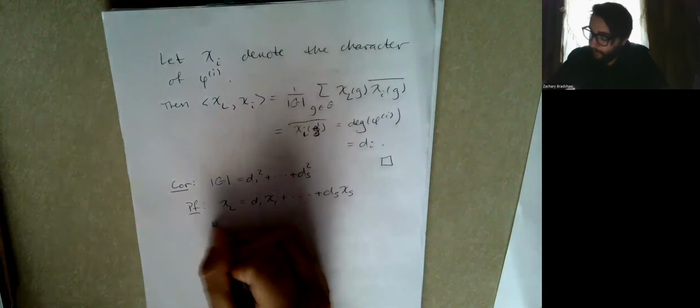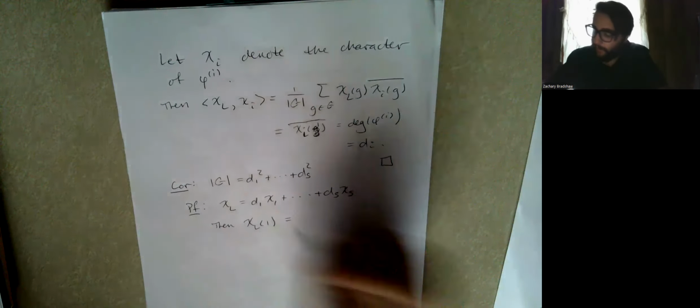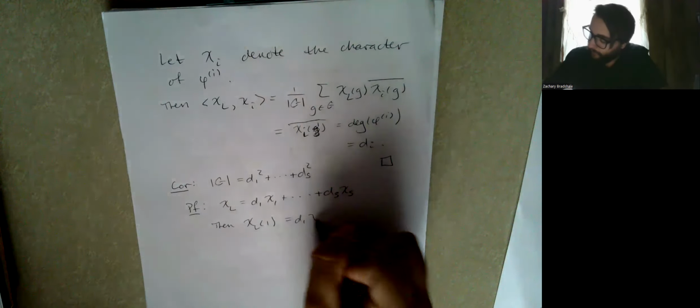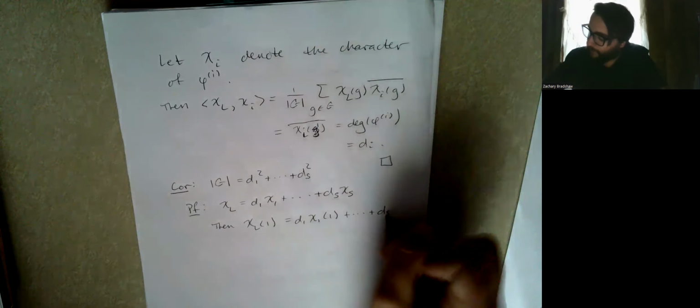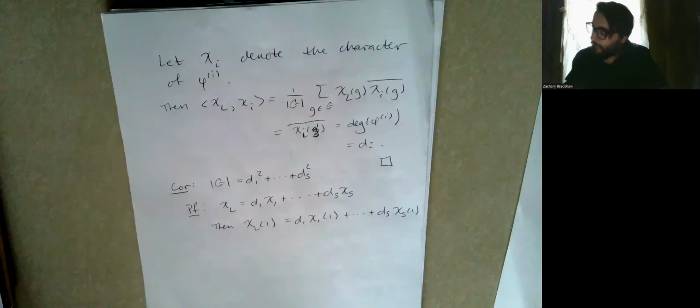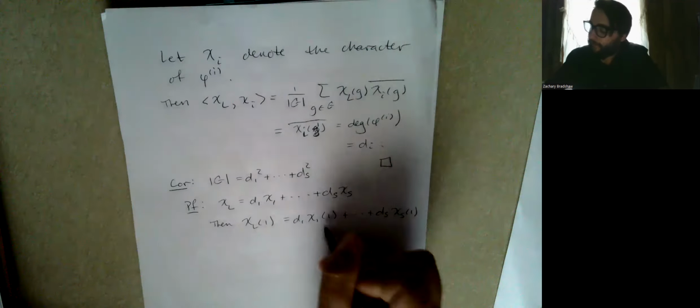Okay, so then all we have to do now is evaluate at 1. We get d_1 chi_1 of 1 summed all the way through d_s chi_s of 1. And this chi_1 of 1, well, that's the degree of the first representation, that's d_1.